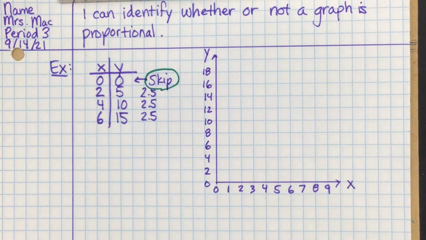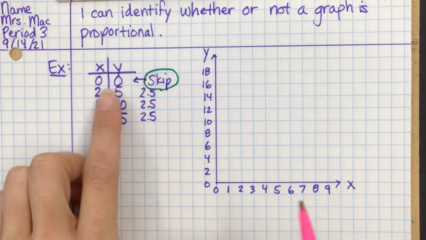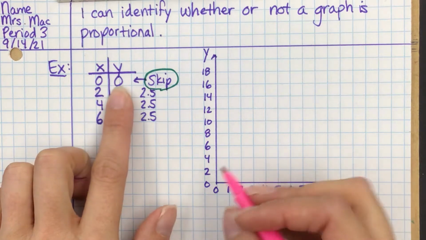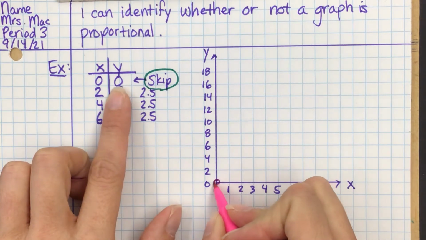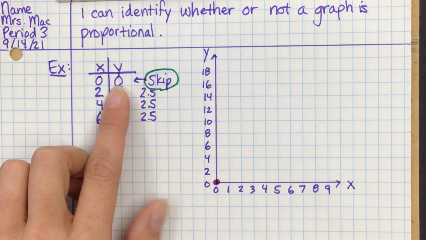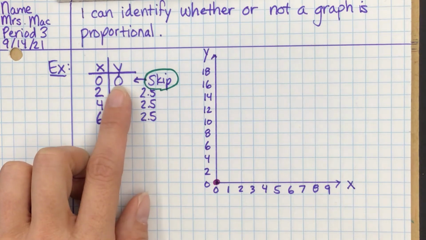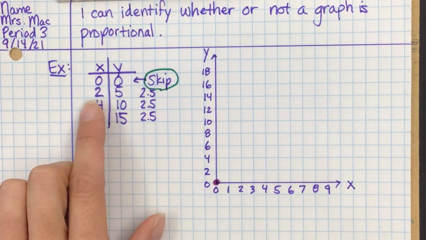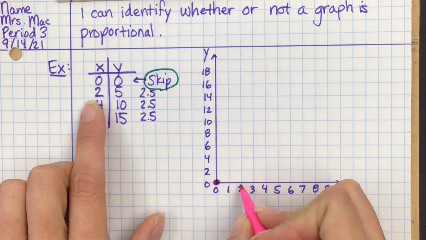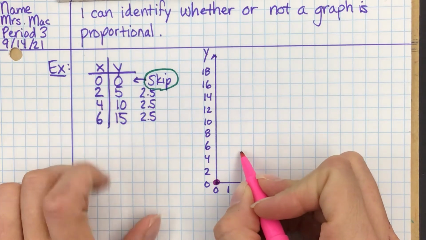Now what I'm going to do is I'm going to plot the points on the graph. So my first point, you can think of these as ordered pairs. X is 0, y is 0. So I'm going to put a point right here at 0, 0, the origin. Then your x is 2, your y is 5.